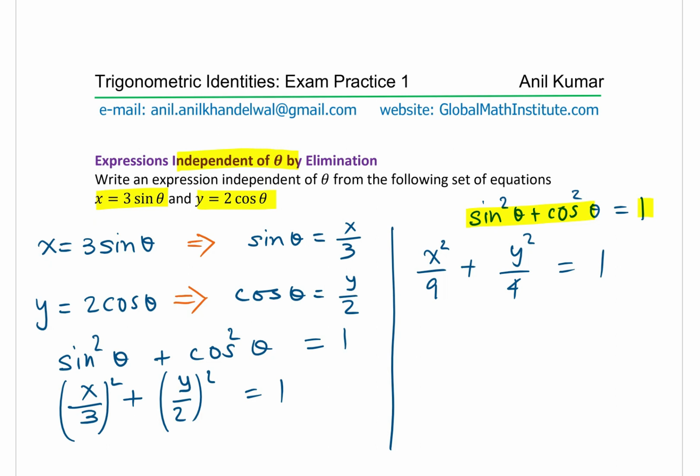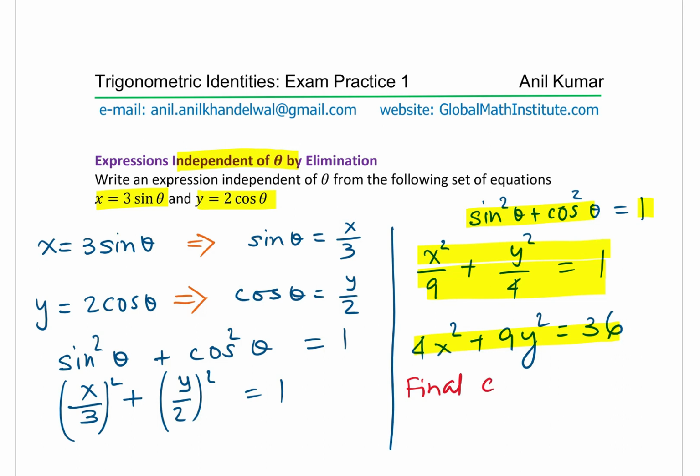You could actually cross multiply. You can write 4x squared plus 9y squared equals 36. So that could also be your answer. Either way, you could write your solution, but you can see here that in both the cases, the final combined equation is independent of theta.